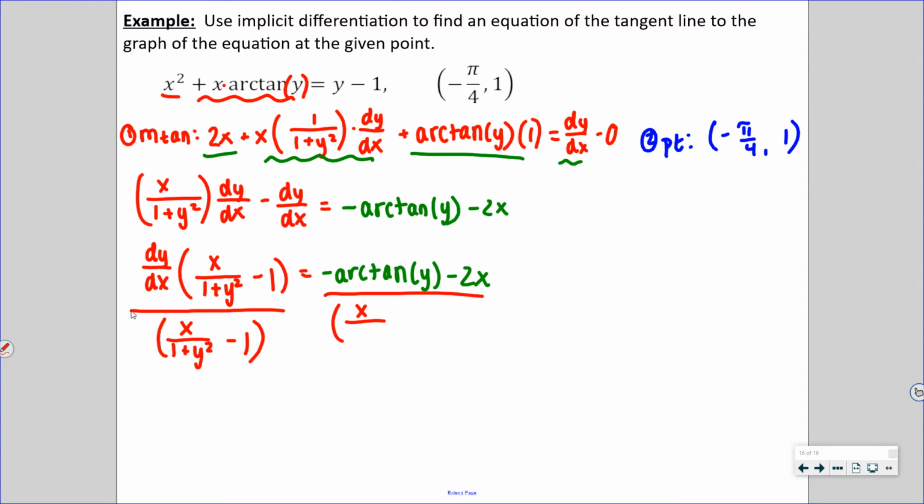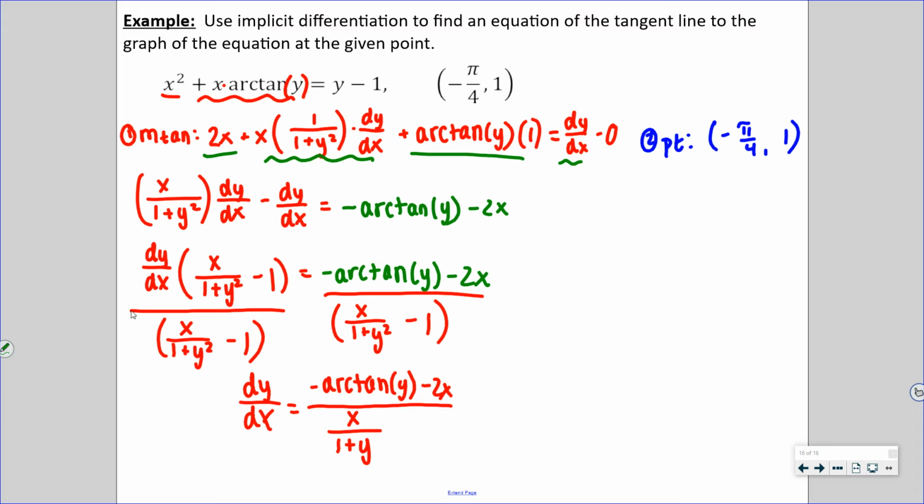Okay. Now the nice thing about finding the derivative at a point with implicit differentiation is we don't have to do a lot of algebra simplifying because we can just plug in our point here. So here's my derivative. It looks pretty complicated. I have a complex fraction. But that's okay. I get to plug in the point, (-π/4, 1). I kind of just like to notate it like that.